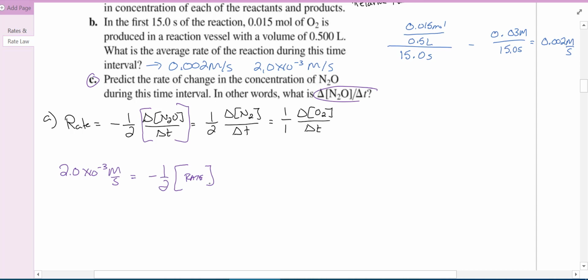So multiplying both sides by -2, I get the change in concentration of N2O over the change in time equal to -4.0 times 10 to the -3 molarity per second. And there we go.